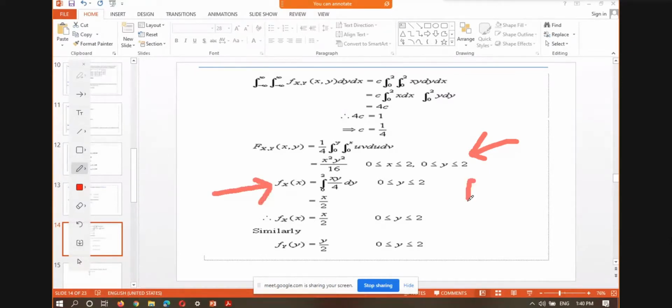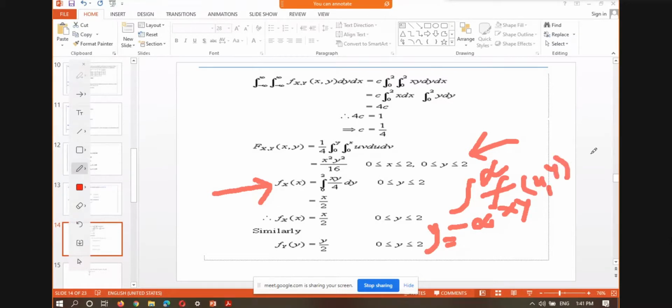The marginal definition is that you integrate over one variable, like y from minus infinity to plus infinity of f(x,y) dy. Since the joint density function has cxy when y is greater than or equal to 0 and less than or equal to 2, the domain minus infinity to plus infinity is restricted to only this, because in this domain y has a value, otherwise it is 0.